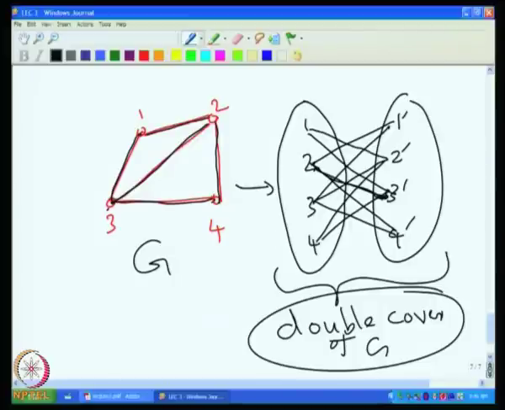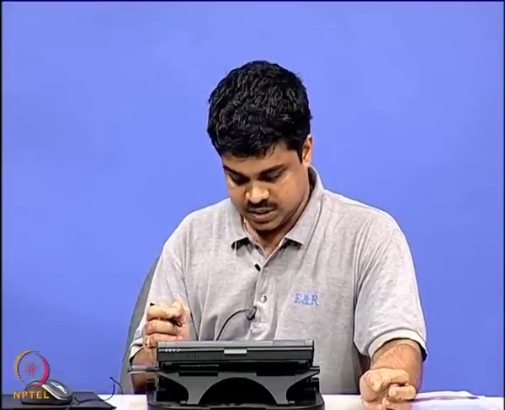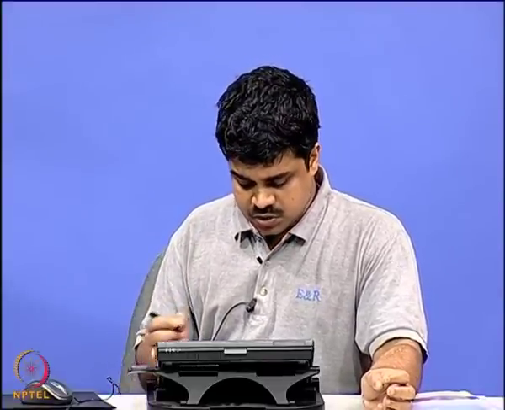We just make two copies of the vertices, and corresponding to each edge of the graph we put two edges to the double cover. That means, between i and j, if we see an edge in G, we put i to j dash and j to i dash. This is our strategy, and so this is one concept.